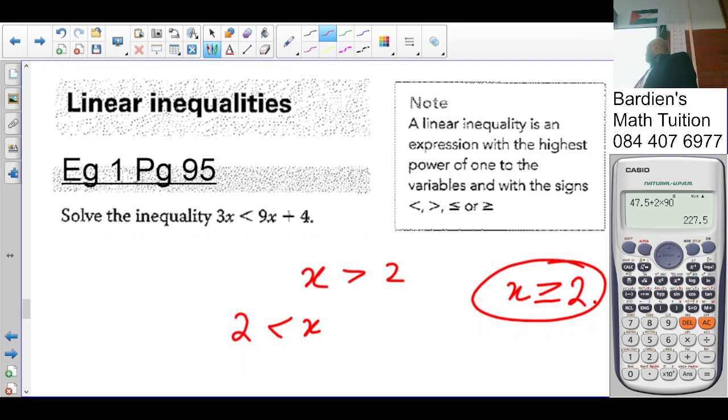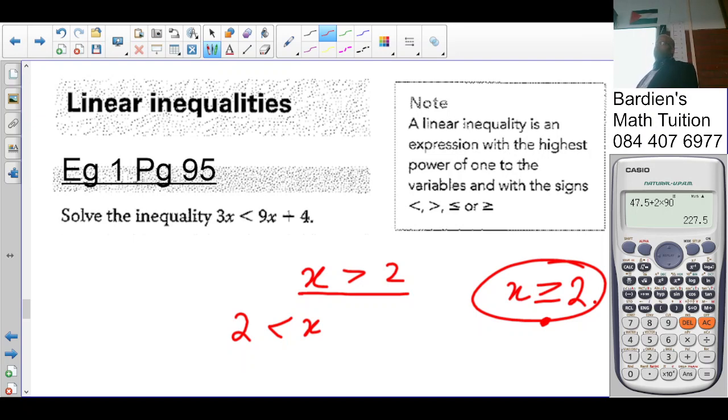It could have been 2.5 as well. Unless they told you that x is an element of natural numbers, then it can only be 3, 4, 5, 6, 7 and so on. Since that was not specified, this can be any value greater than or equal to 2.